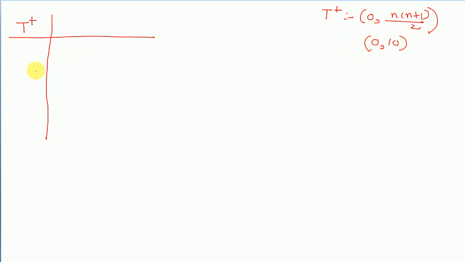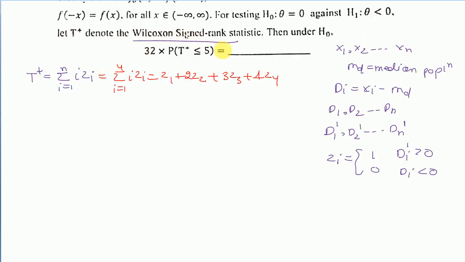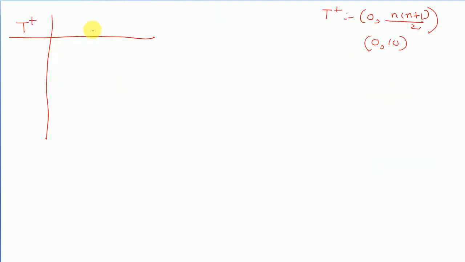But we need to calculate probability only for values of T plus less than or equal to 5, so there is no meaning of unnecessary calculation for values of T plus more than 5. So just write T plus equals 0, 1, 2, 3, 4, 5. We can also write values more than 5, but that will be unnecessary. Why should I waste my time?